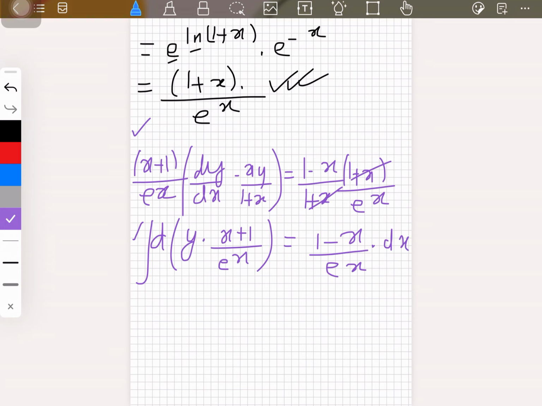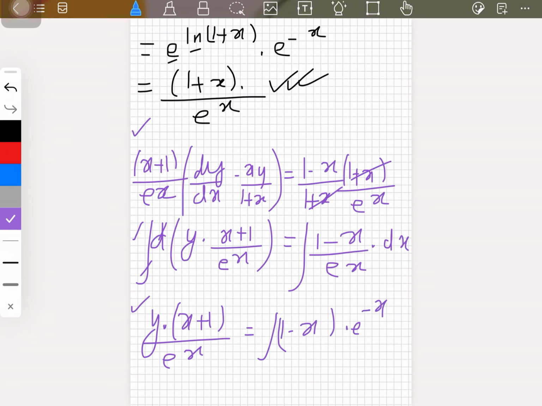Now let's integrate both the sides. Derivative and integration are just opposite in nature, so they cancel each other's effect here. y times x plus 1 over e to the power x. While integrating here, if you express it this way, it will be easier to understand, and we are going to use the ILATE rule, which I've talked about a lot in my previous videos.